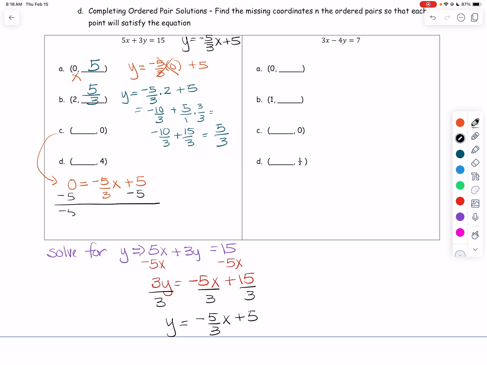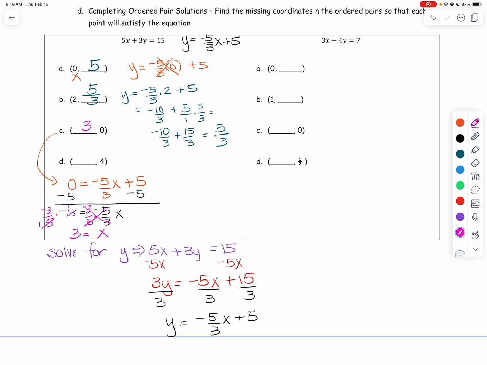So now I get negative 5 is equal to negative 5/3 x. And in order to solve that, I'm going to multiply by negative 3/5 because that's the reciprocal. So that cancels and leaves x. And those 5s cancel. And I get negative 3 times negative 1, which is positive 3.